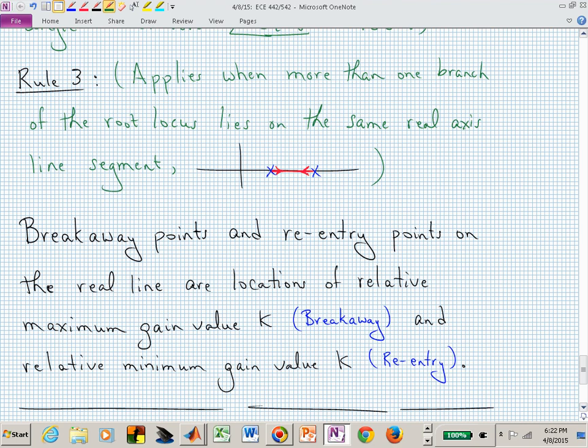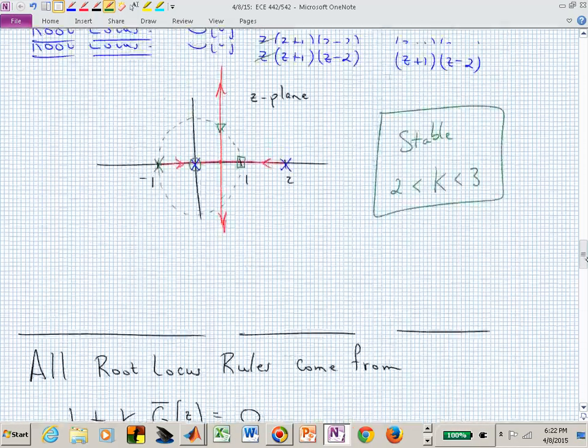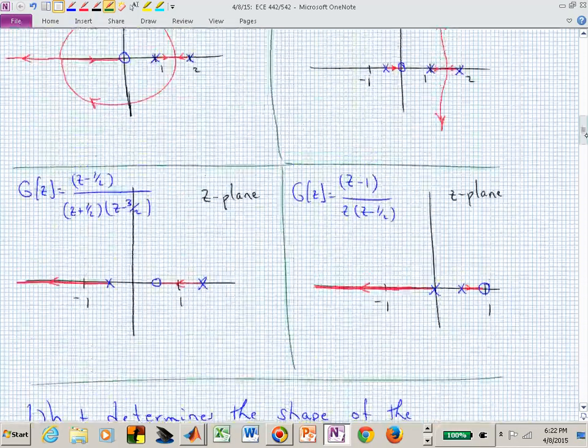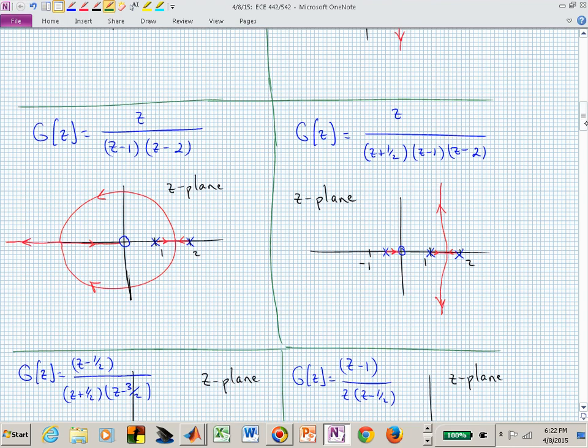We've seen those already. If we go back to the examples somewhere, if we look at the lower left-hand picture, and on the exam I said, where is a breakaway going to occur? Could you tell me a region on the real line where a breakaway is going to occur on the lower left picture?